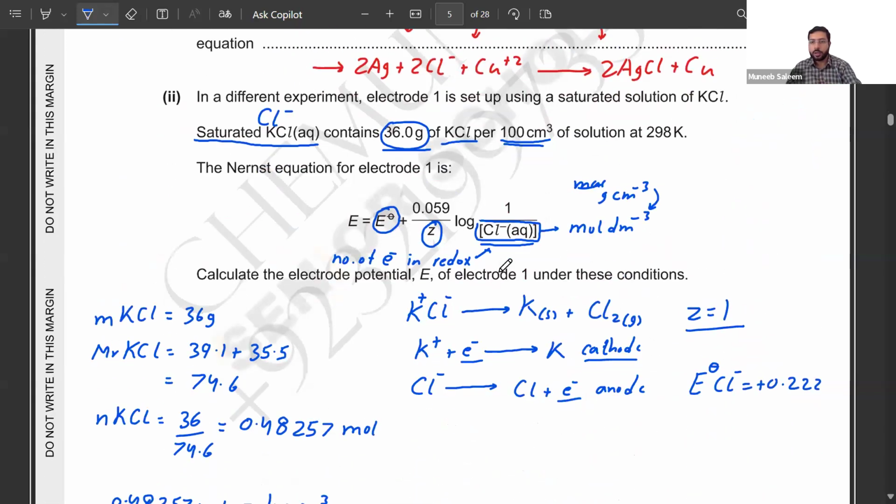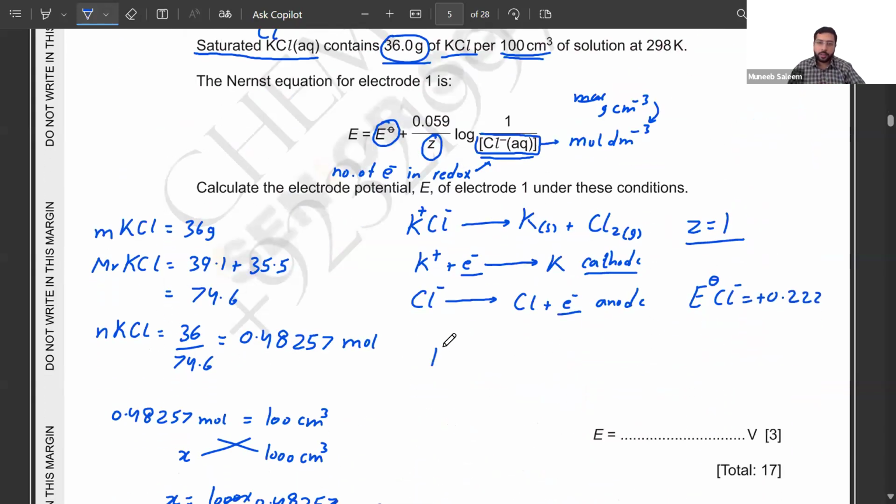Okay, now apply the formula. E is equal to E naught plus 0.059 divided by Z, times log of 1 over the chloride ion concentration.